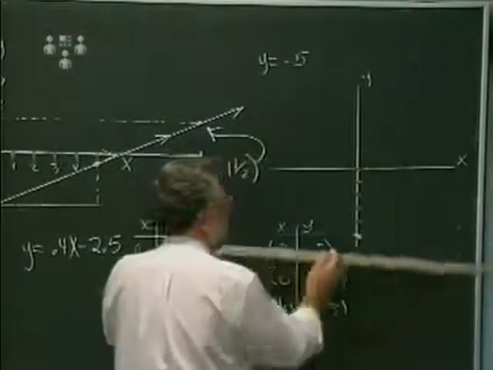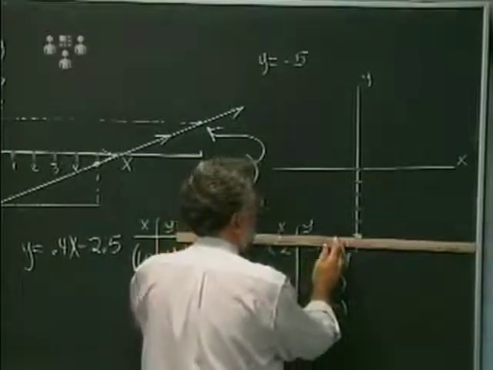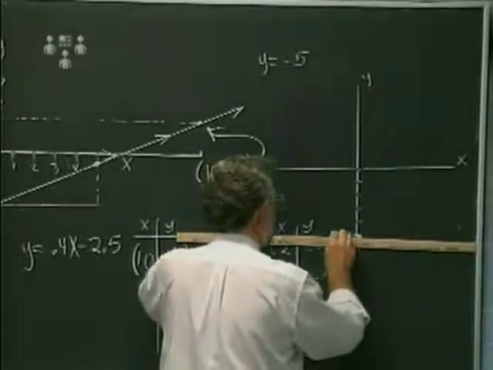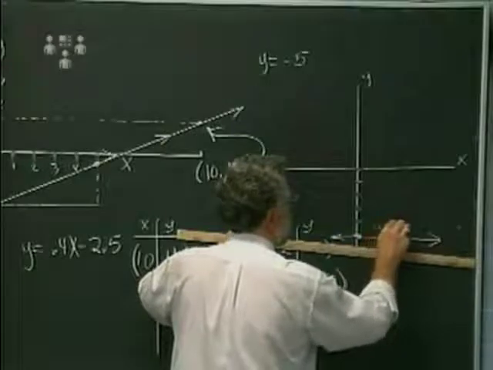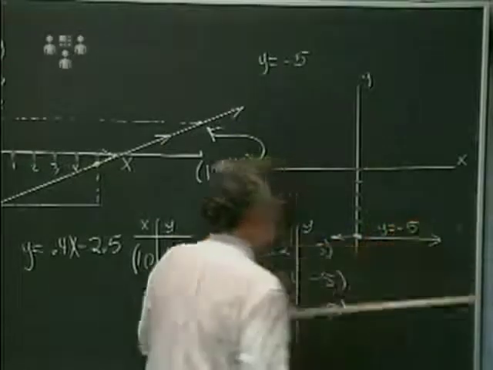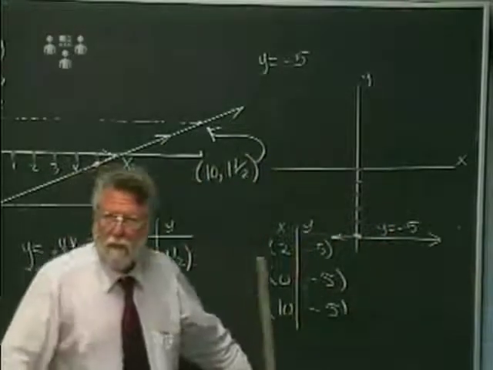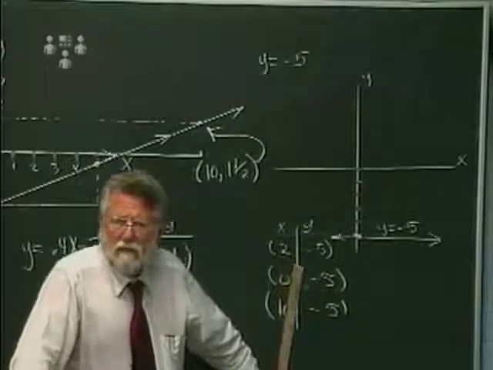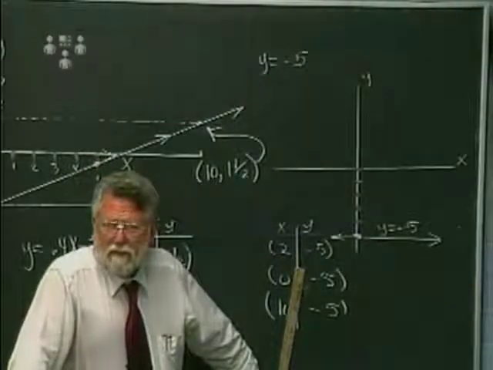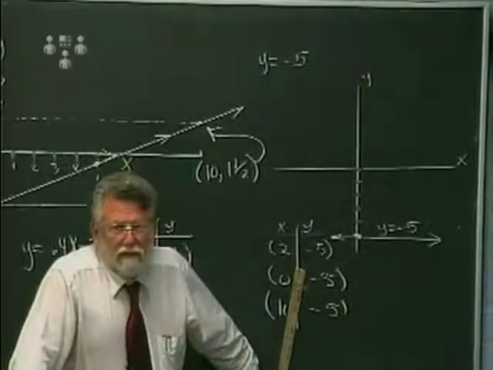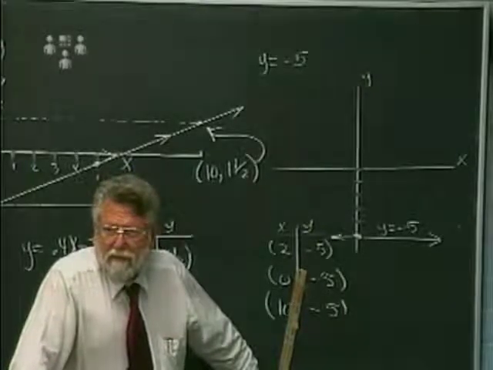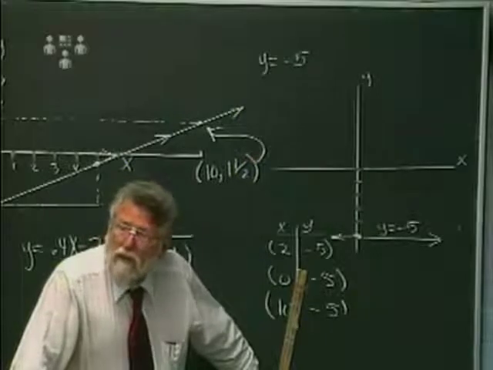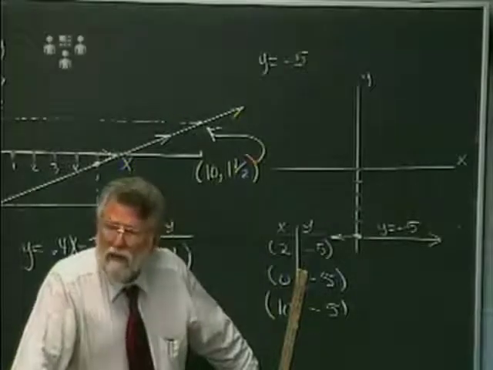So it's going to be a horizontal line through that particular intercept, and there is y equals negative 5. Y is always the same value. That's it. Because y is always negative 5 no matter what x is.